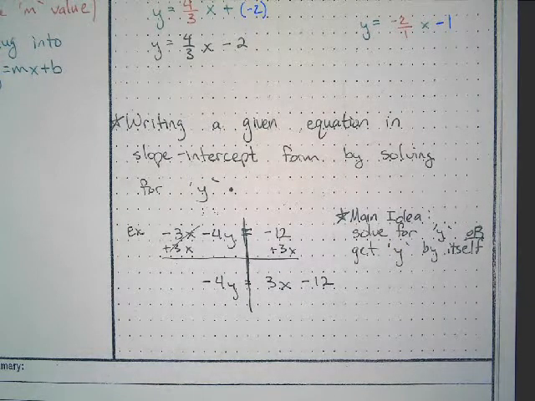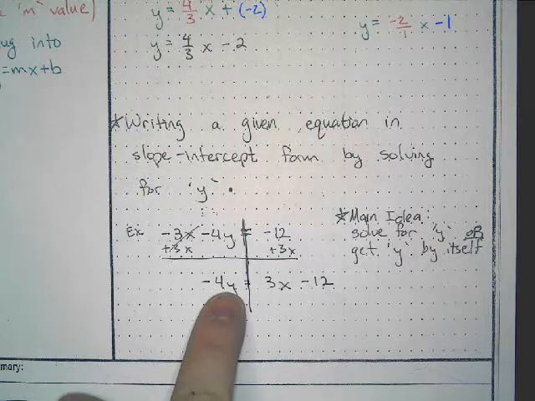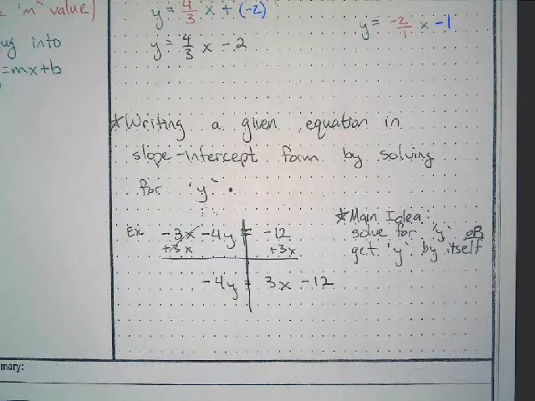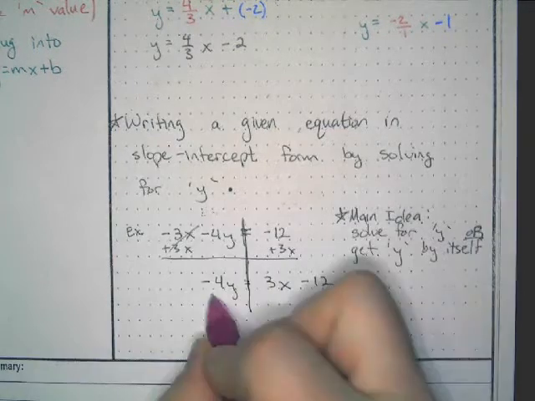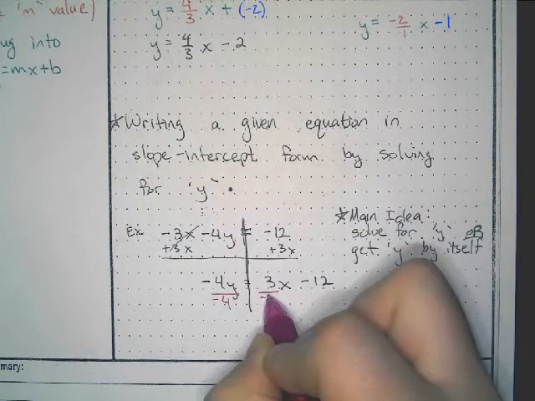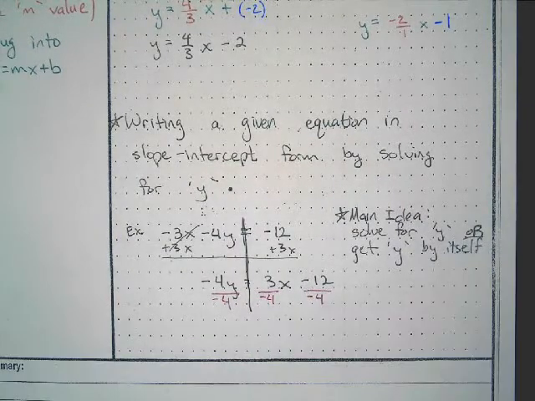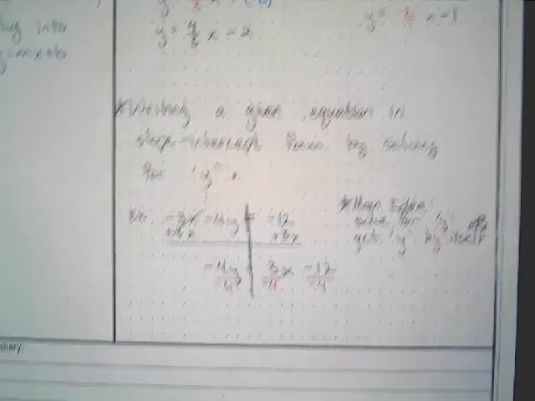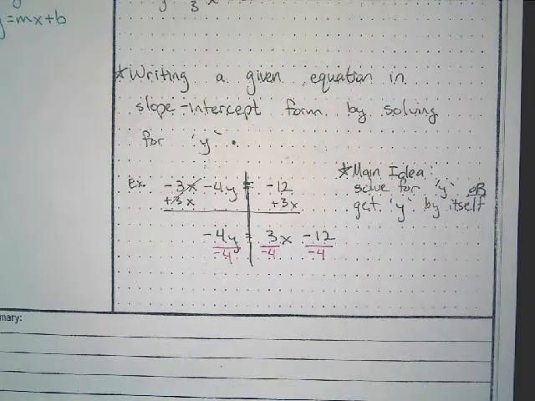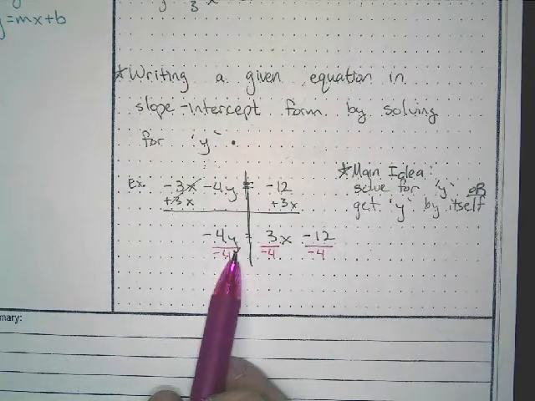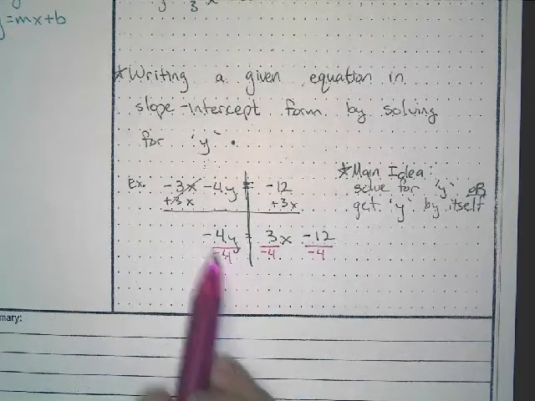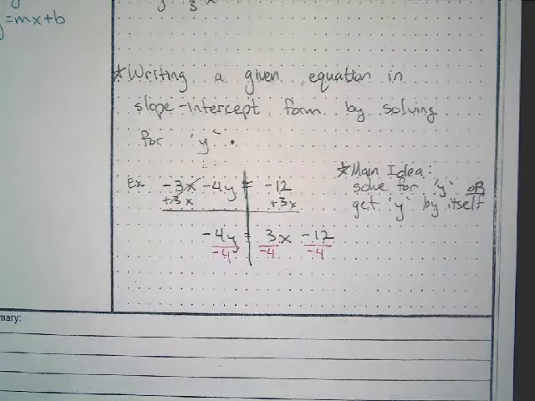Now we have to divide each term by the coefficient of y to get y by itself. So I'm going to divide each term by negative 4. Because we need to be equal opportunity dividers, and then I will get y by itself. We choose the negative because a negative divided by a negative will be a positive.